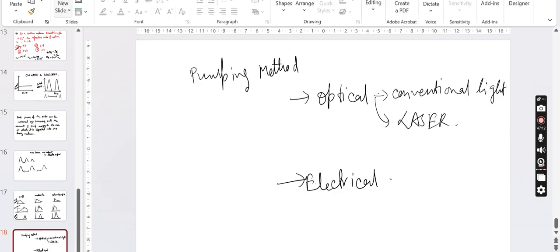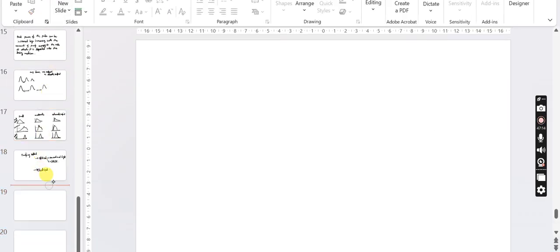And in two ways you can do the pumping, like side pumping.